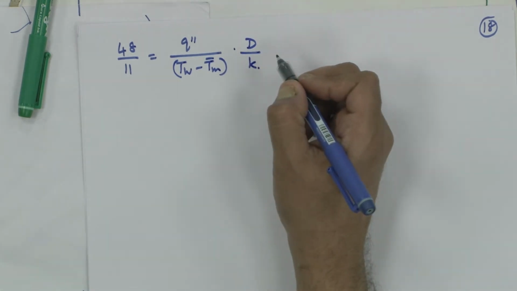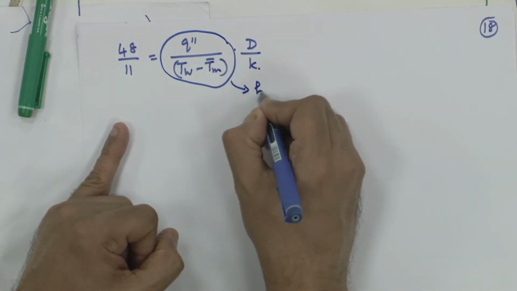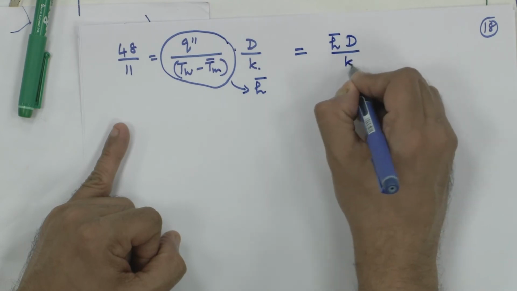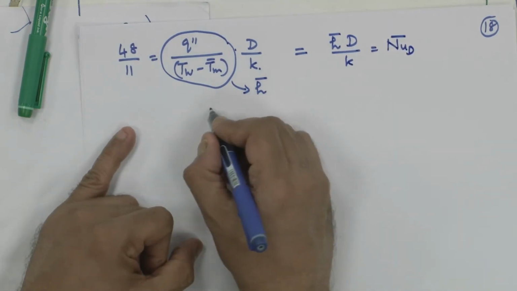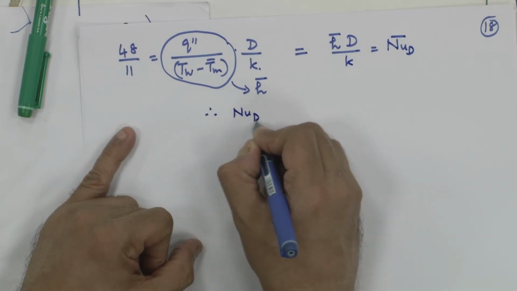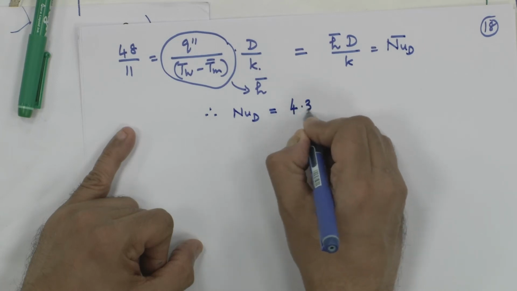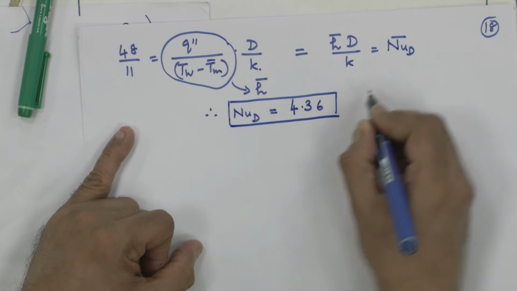This is nothing but your heat transfer coefficient. Therefore, you get h bar d by k, which is nothing but the Nusselt number. Therefore, the Nusselt number for the constant wall heat flux case is 48 divided by 11, which comes out to be 4.36.